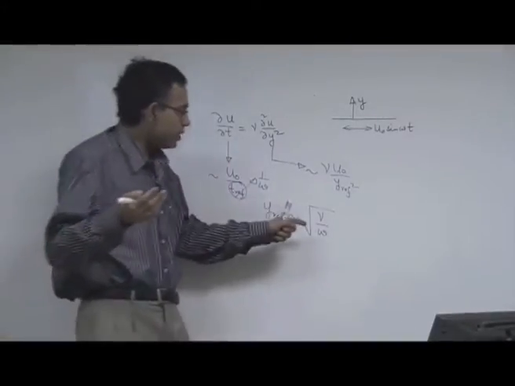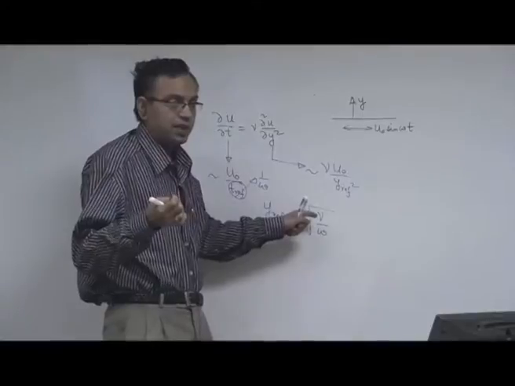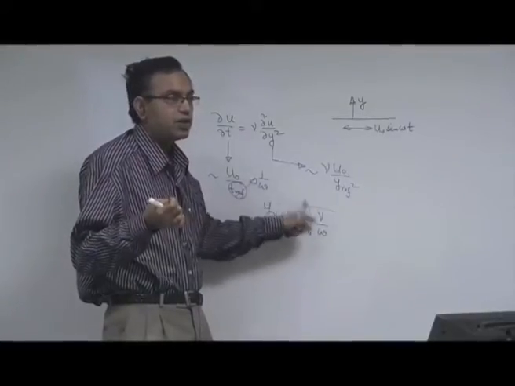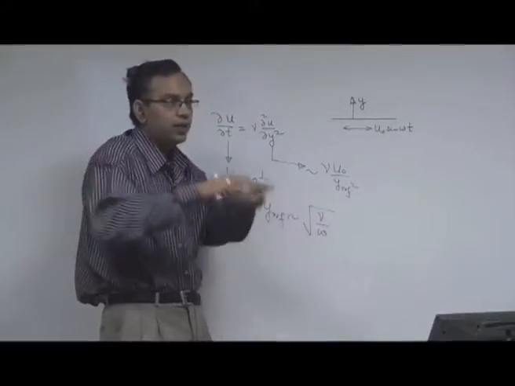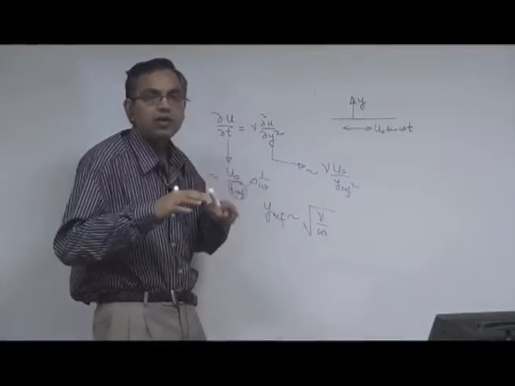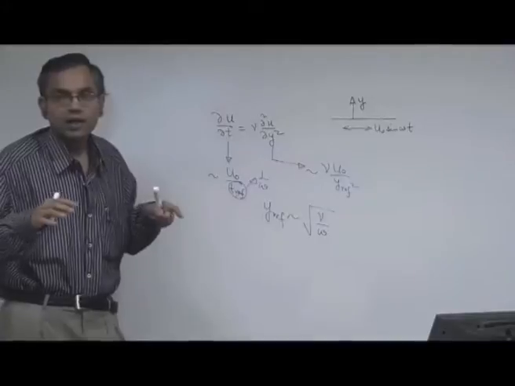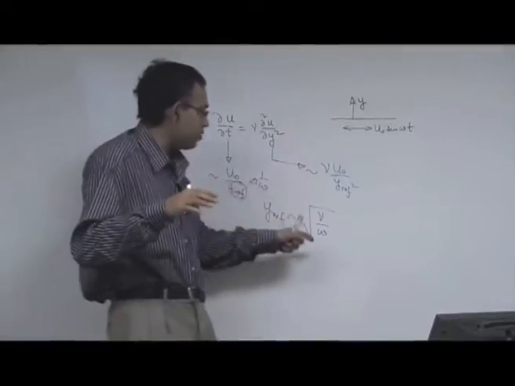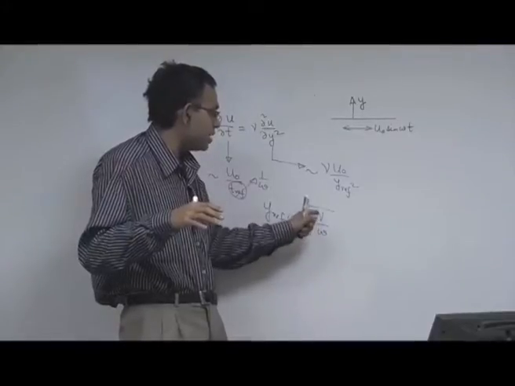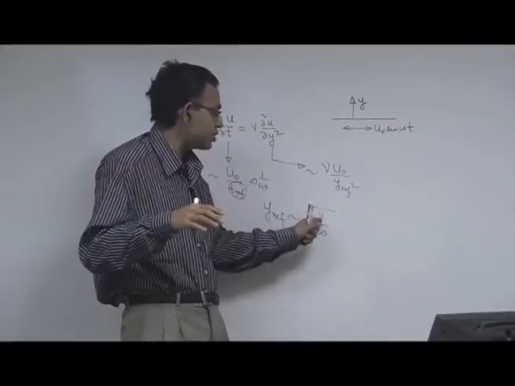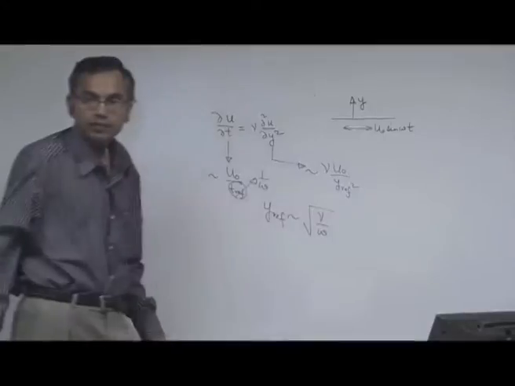So, the penetration depth up to which this effect of oscillation is felt scales with square root of nu by omega. When the plate oscillates with a frequency omega, the effect of that frequency is felt over a distance which scales as square root of nu by omega.